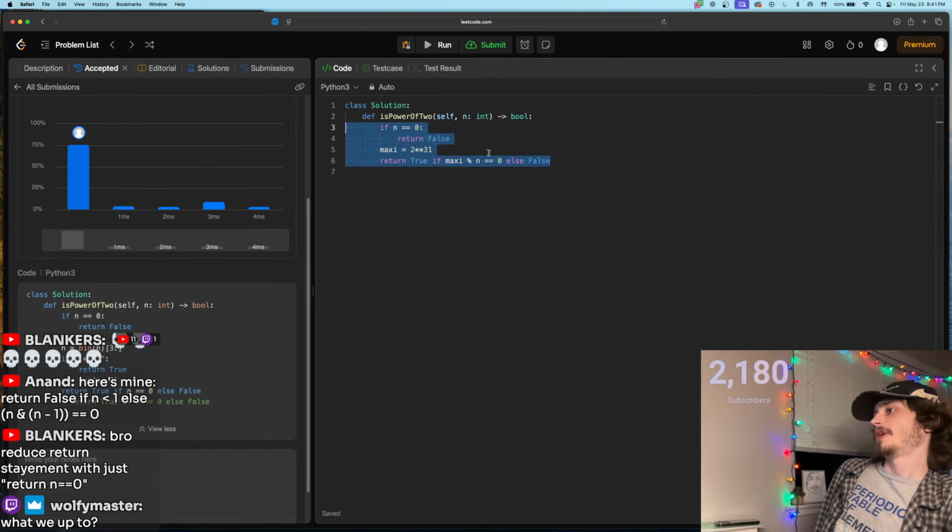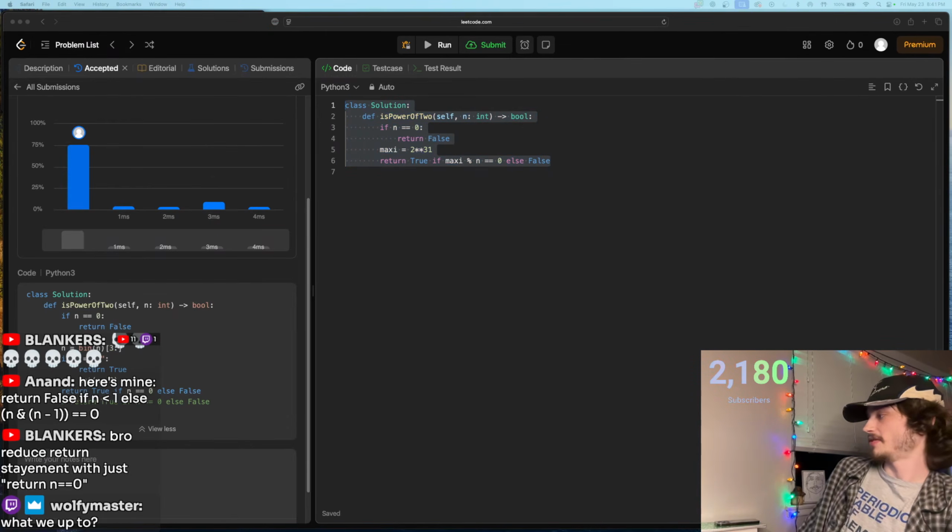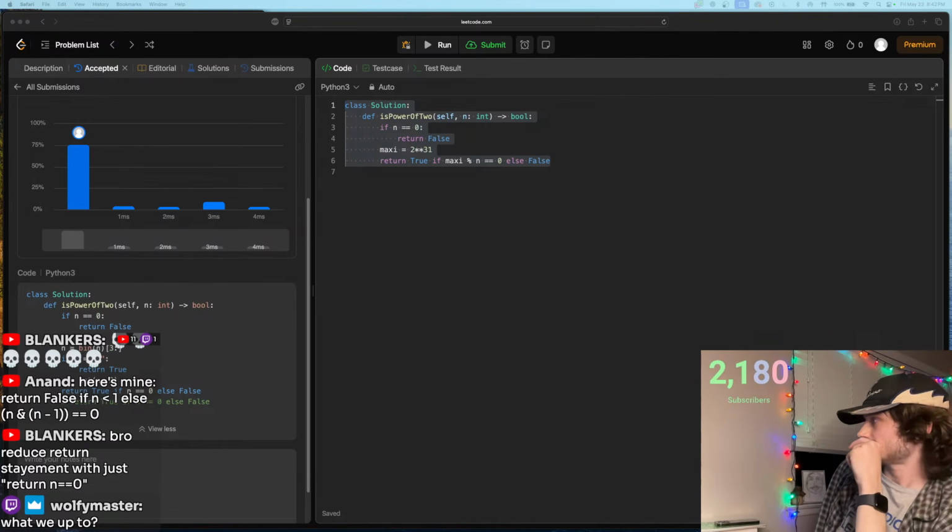I'm gonna show it my other approach here. I'm gonna say this doesn't work for negatives. You're checking if n divides evenly, which is smart because only powers of 2 will do that.